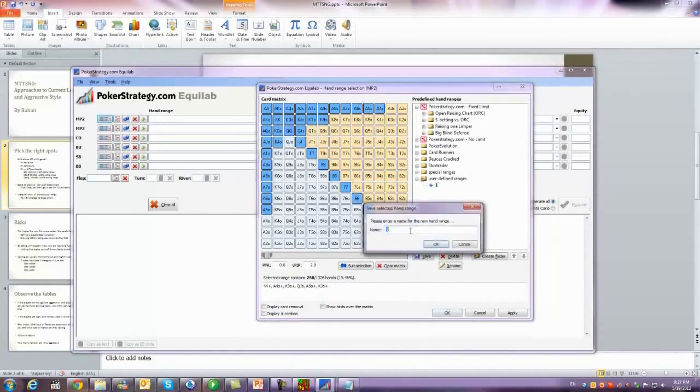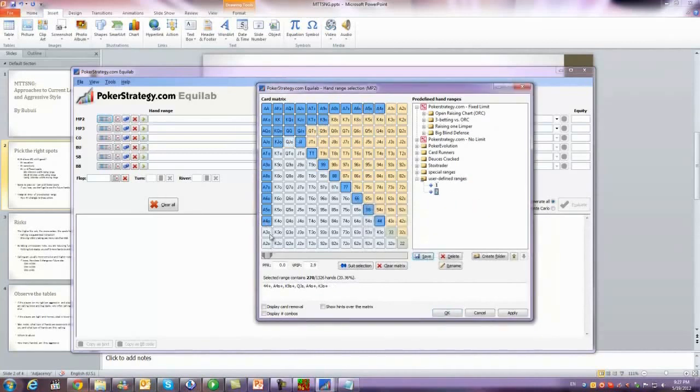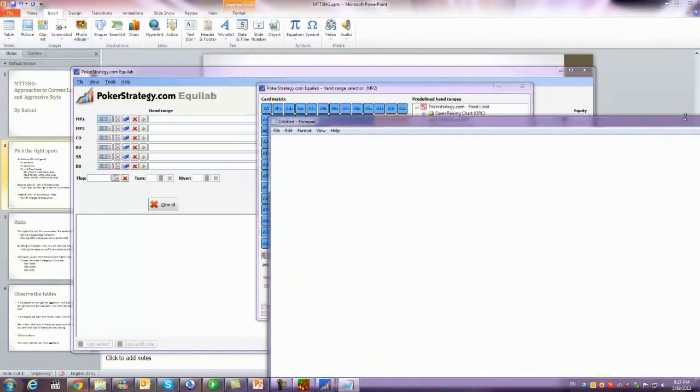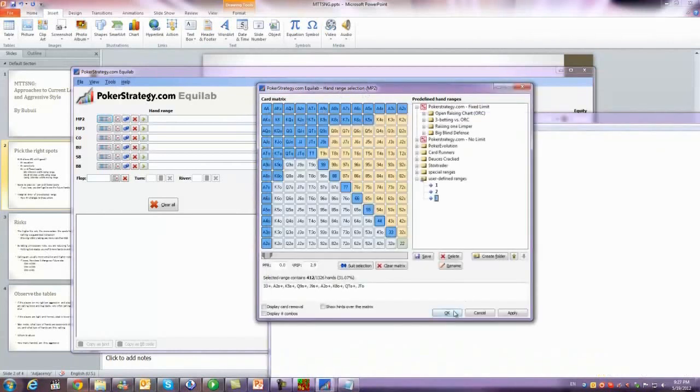And the third range is really wide, so it's calling something like this. So there are 3 ranges. Okay, and there's a notepad, so we can see how each hand does against these ranges.